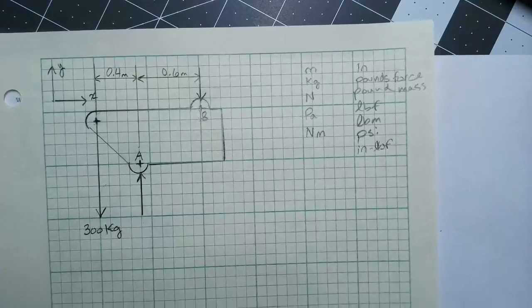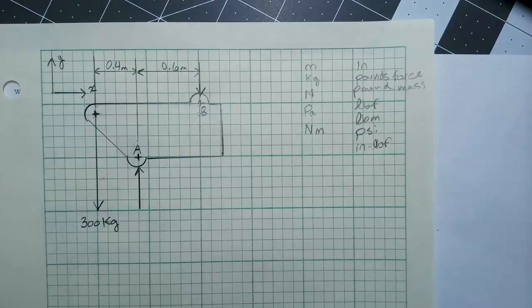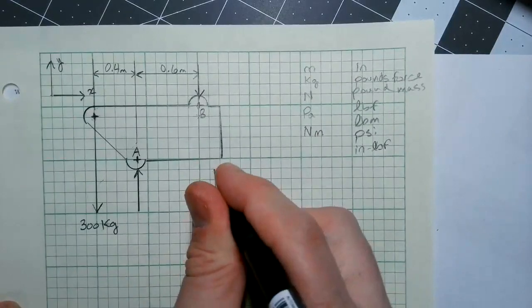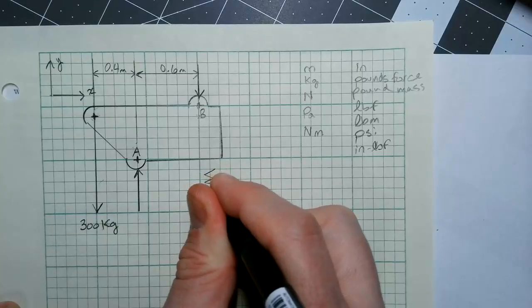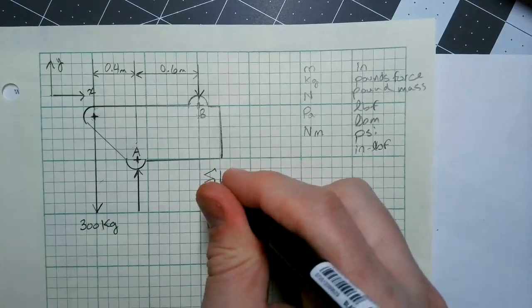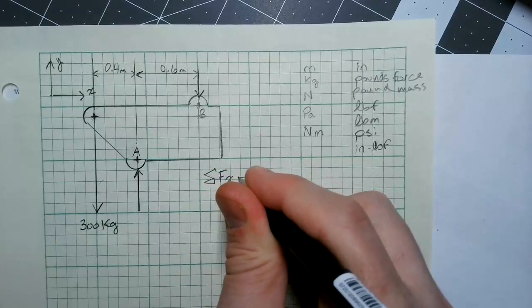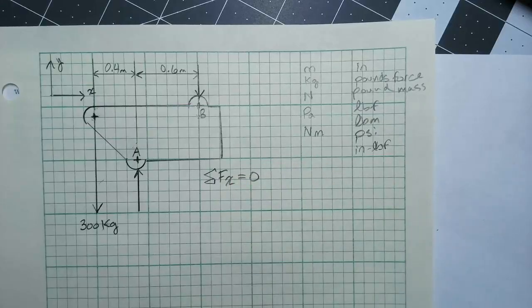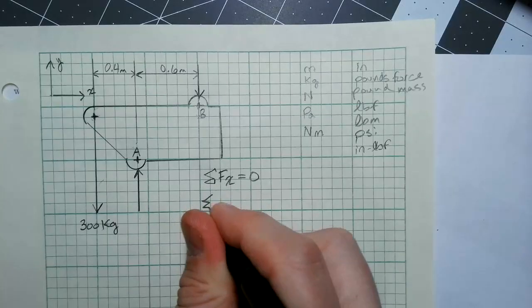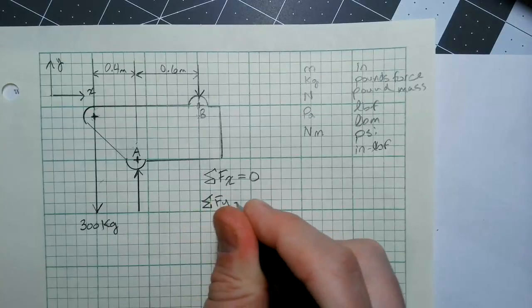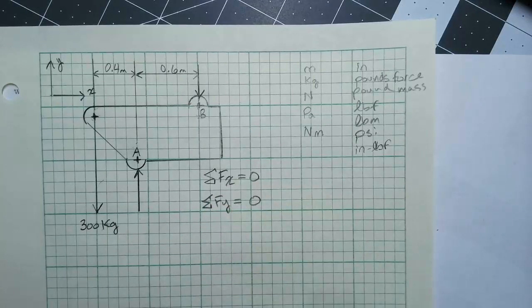So now let's take a look at our equilibrium equations for the system. Remember the equilibrium equations, we use a summation sign. Sum of the forces in X has to equal 0, or otherwise the body's moving, and we're dealing with static bodies, they're not moving. Sum of the forces in the Y equals 0.